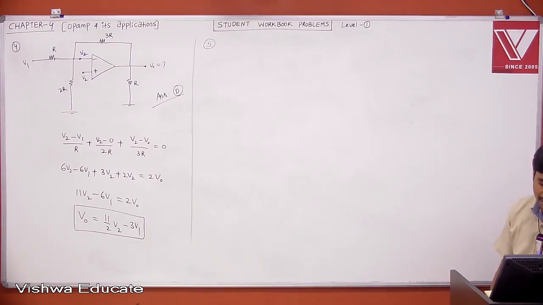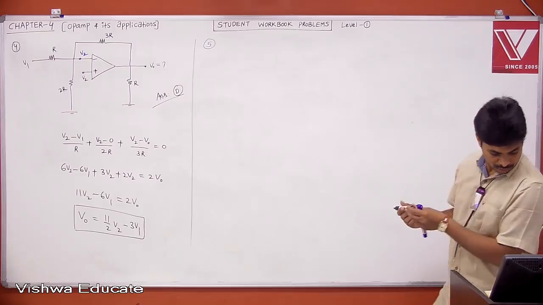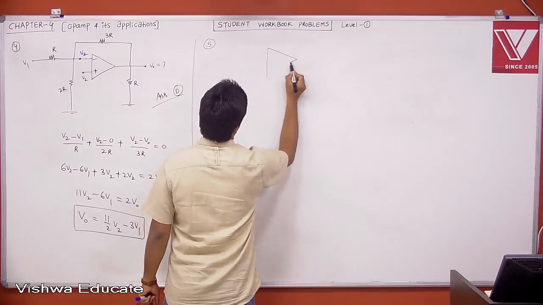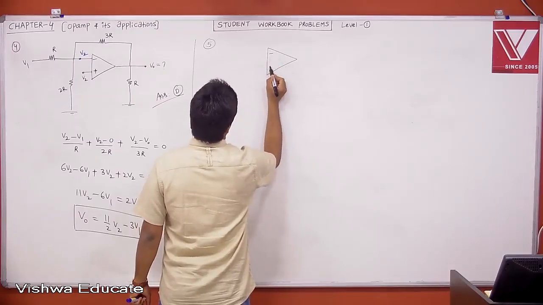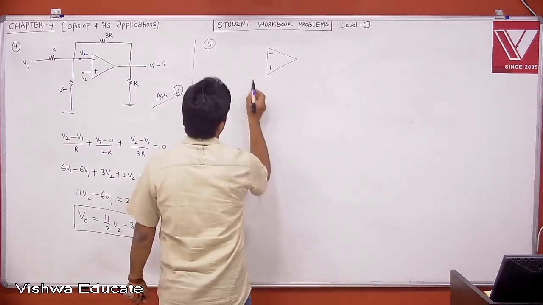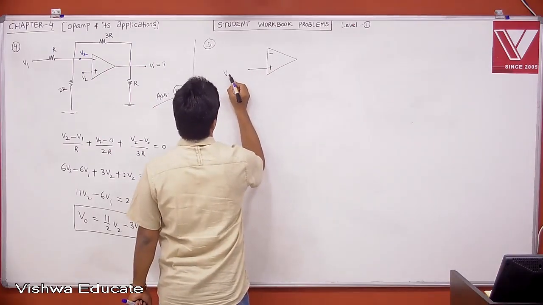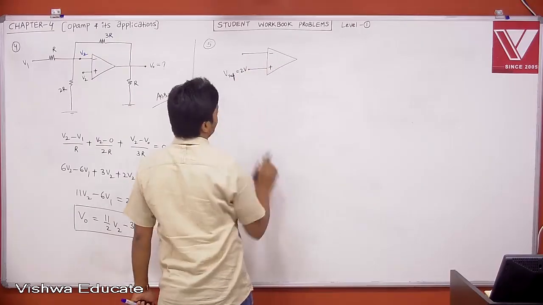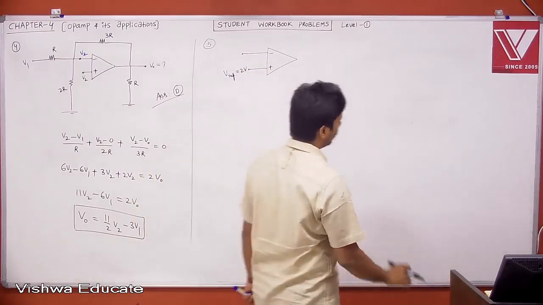If the input to the ideal comparator shown in the figure is a sinusoidal signal of 8 volt peak to peak without any DC component, then the output of the comparator has a duty cycle of. The circuit is a comparator, an op amp in open loop. The reference is 2 volt, therefore Vref is equal to 2 volt, and this is our input sine wave.